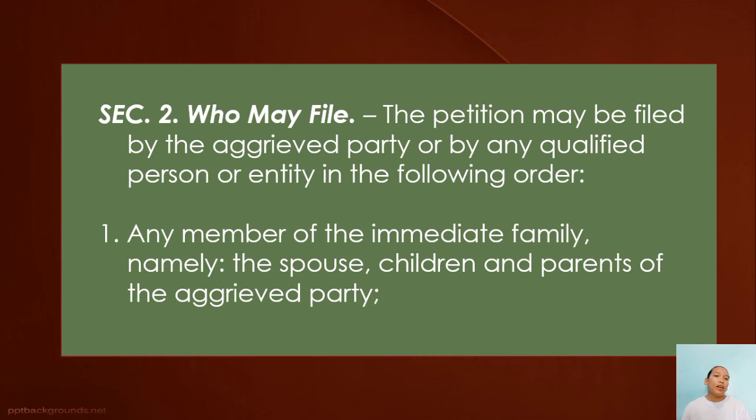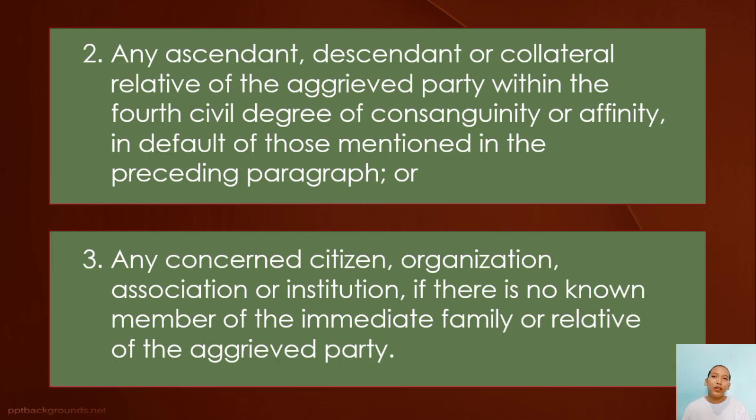Section 2. Who may file? The petition may be filed by the aggrieved party or by any qualified person or entity in the following order. First, any member of the immediate family, namely the spouse, children, and parents of the aggrieved party.